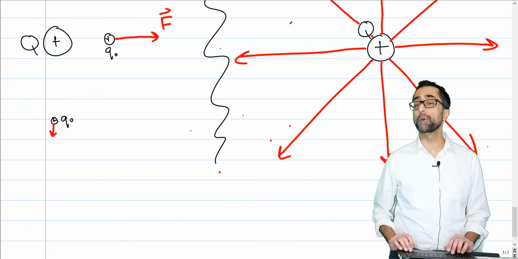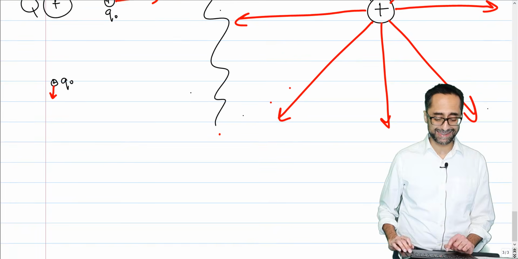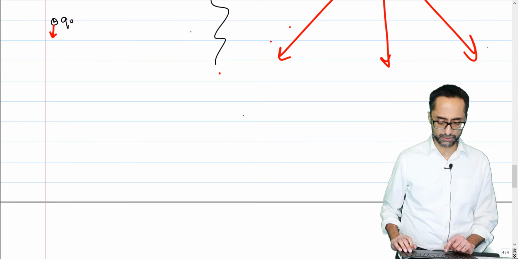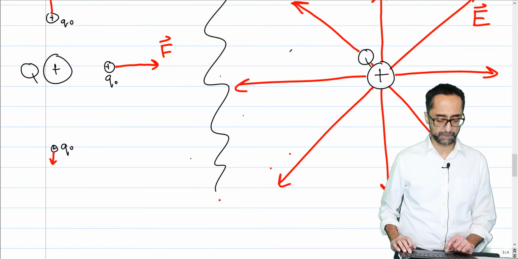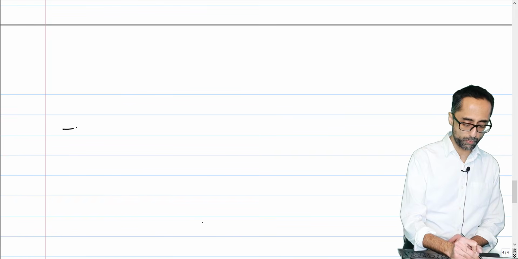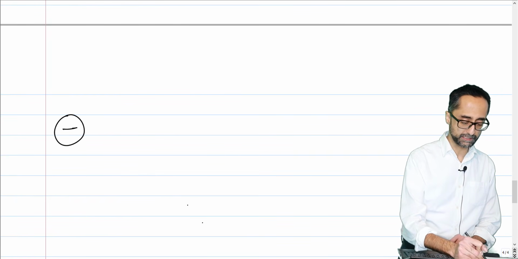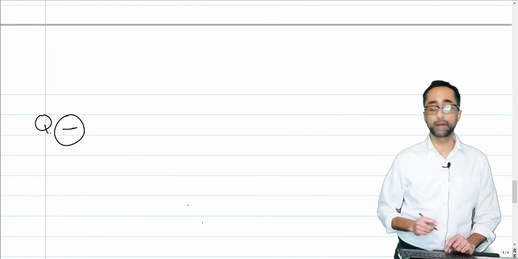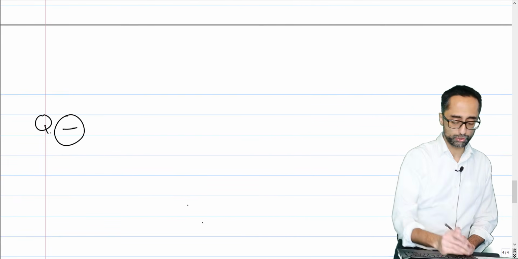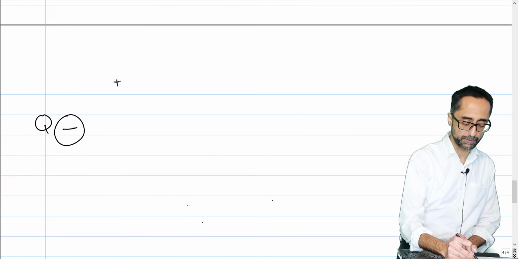Well, that's fine for a positive charge, but what happens with a negative charge? What are we going to get? The same situation? Let's go to the next page so we give ourselves plenty of room. We'll make this a nice big negative charge. That is our capital Q. And we'll draw a couple of test charges around it.